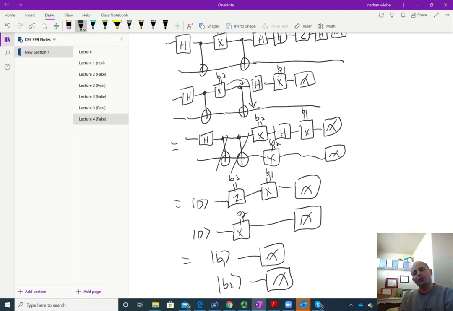And there you have it. So that's how the converse of this, in the form of superdense coding, can be done.